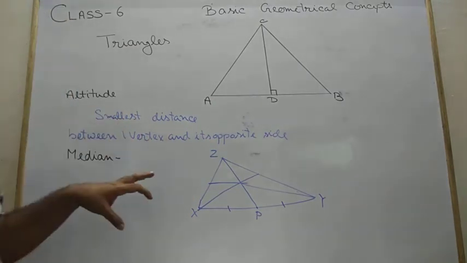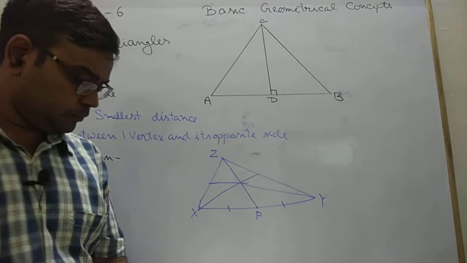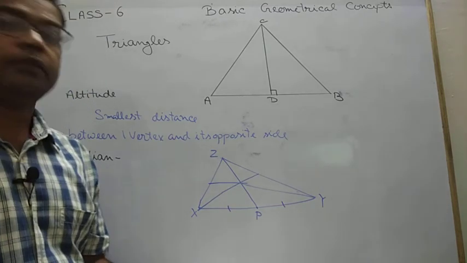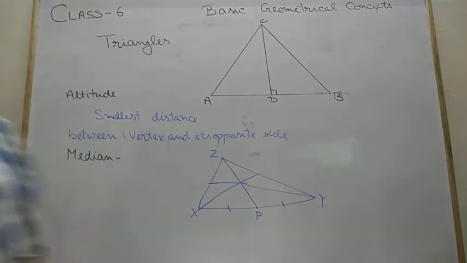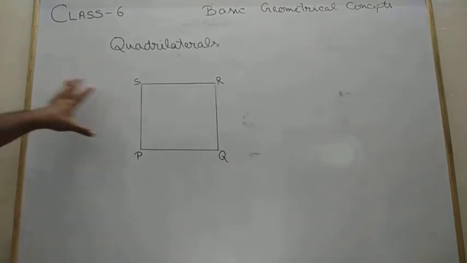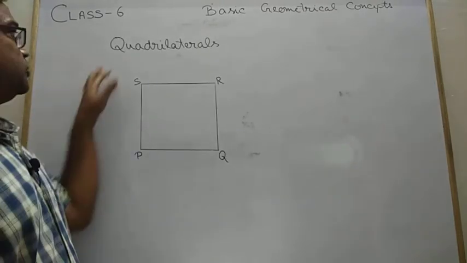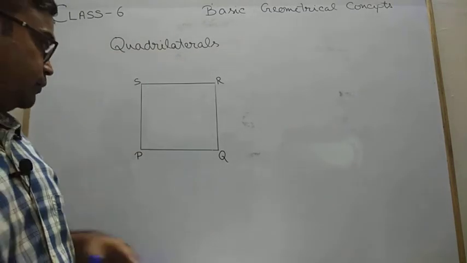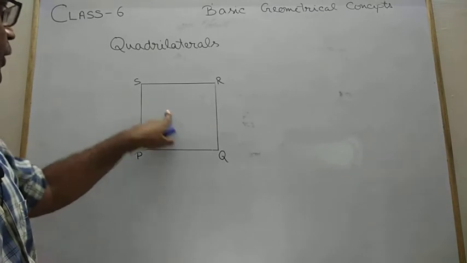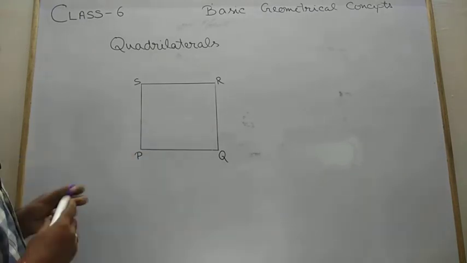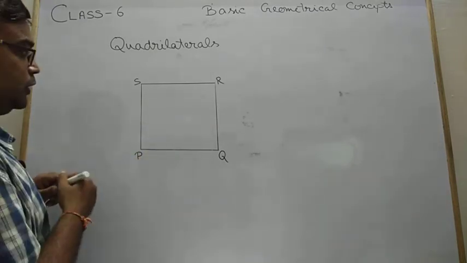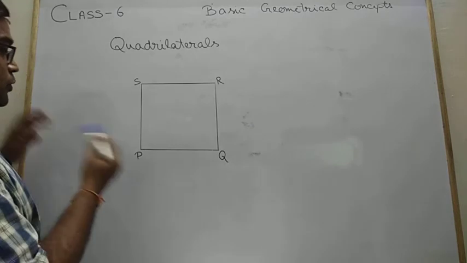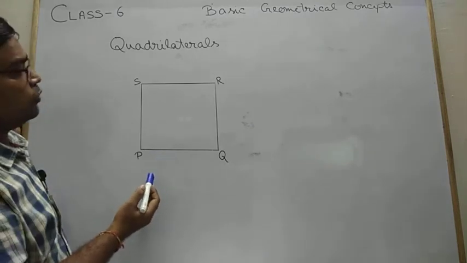We are going to discuss quadrilaterals also. Quadrilateral means having 4 sides. The second figure of polygon is the quadrilateral, a polygon having 4 sides. This is the first polygon in which you have diagonals. So this is known as a quadrilateral.